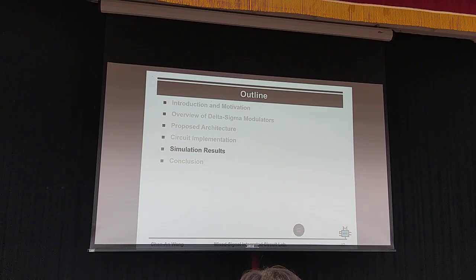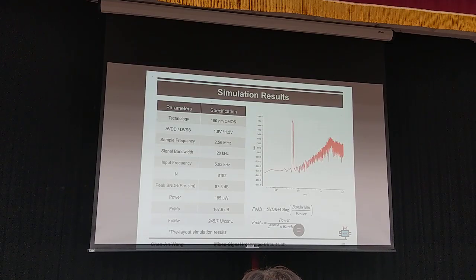And finally, let's look at the simulation results. The circuit was designed in a 180 nanometer CMOS process with a 1.8 volt analog and 1.0 volt digital supply, operating at a sampling frequency of 2.56 megahertz and a signal bandwidth of 20 kilohertz.